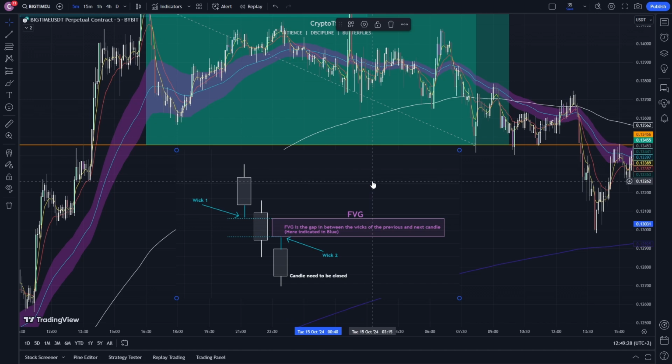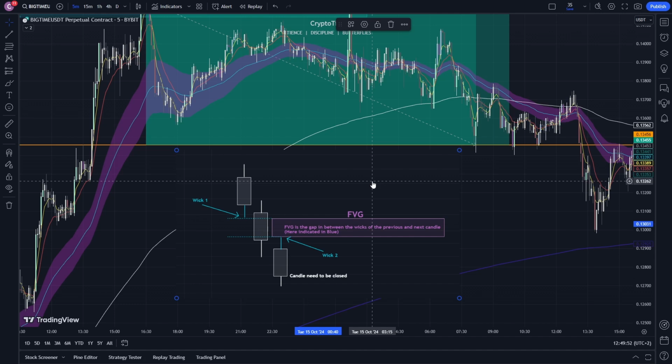But why? Institutions and market makers dislike these fair value gaps because they represent areas of price inefficiency and lower liquidity, so areas where large buy or sell orders couldn't be fully executed.